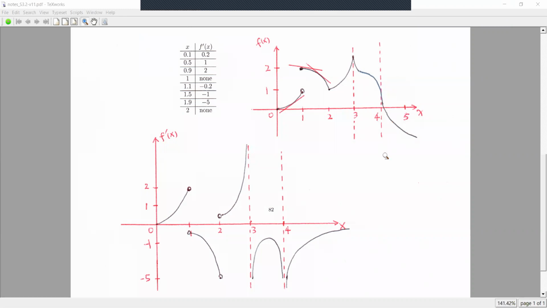At point 4, this vertical line is the tangent line to the graph of the function f. So at point 4, slope is infinity. When x is close to the point 4, the tangent line is very, very steep. So slope is very, very large, but negative.